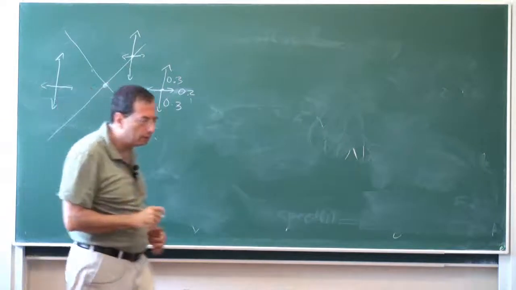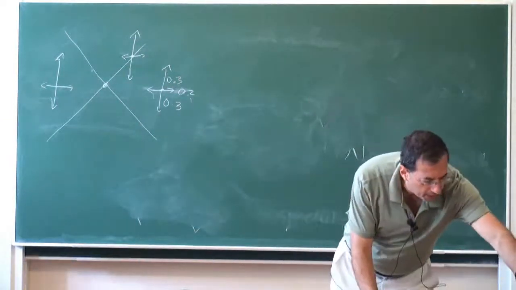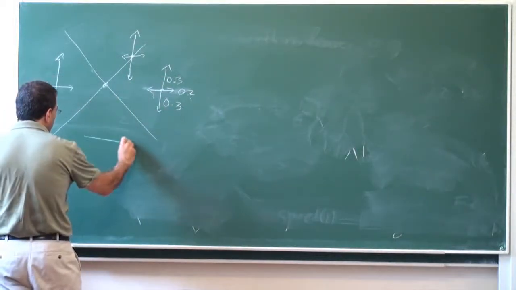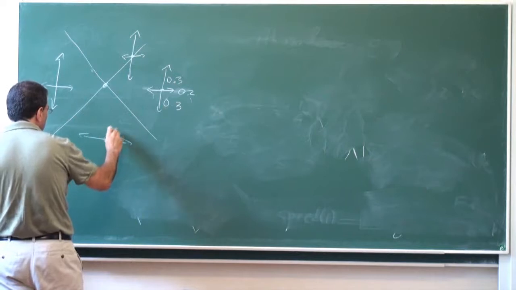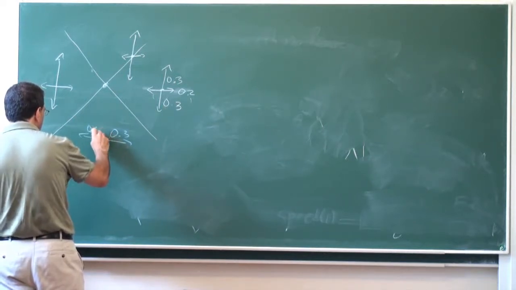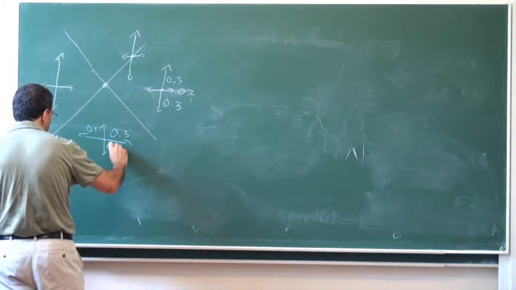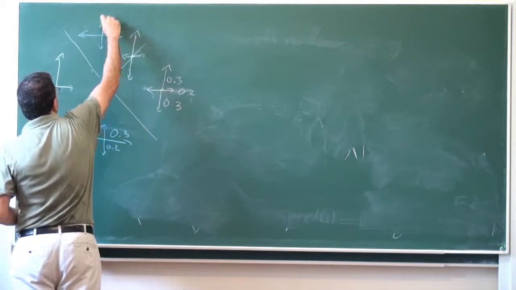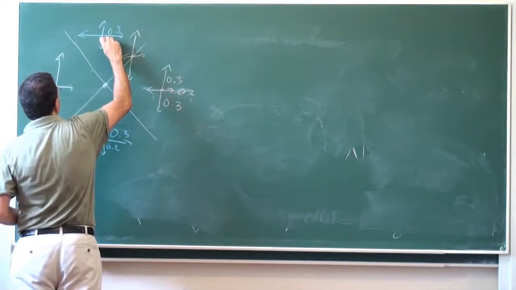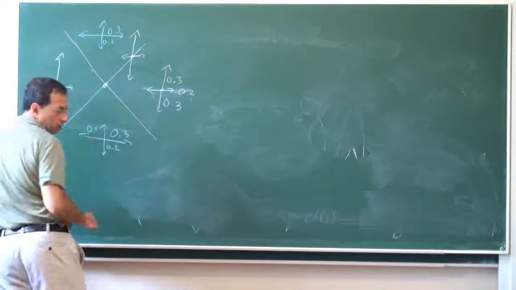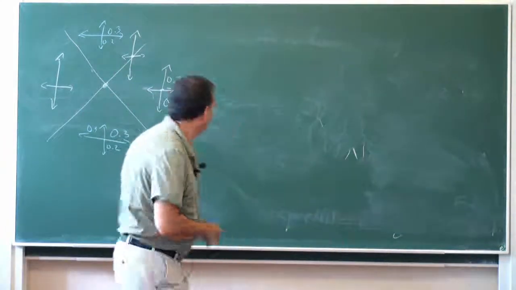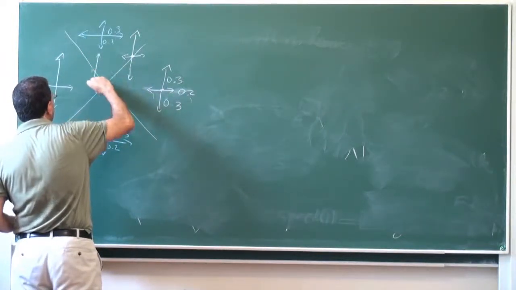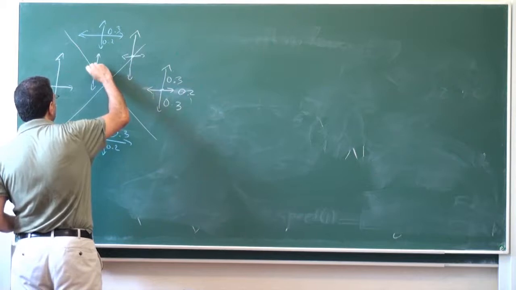Okay, but on the other part of space, we're going to do the mirror image of this. So here we're going to walk with probability 0.3 to the right or the left, and only 0.2 up or down. Okay, but on both of these diagonals, we're going to do the big probability.